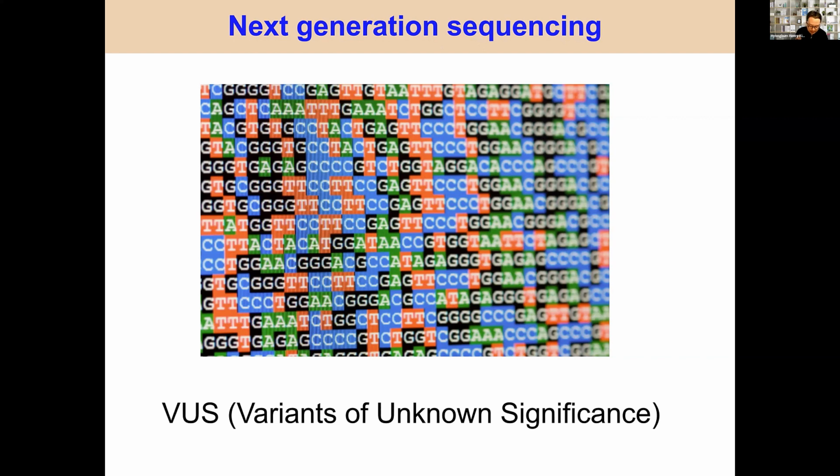Anyway, with this sequencing technology, nowadays we are finding variants in human patients or normal humans at a highly accelerated speed. But we don't know the function of those variants. And I think this is one of the biggest problems in current genetics.